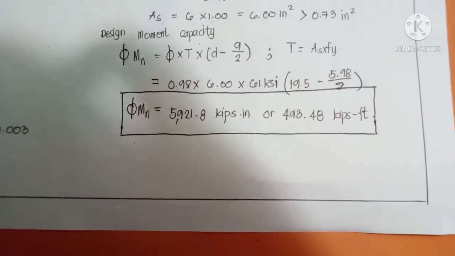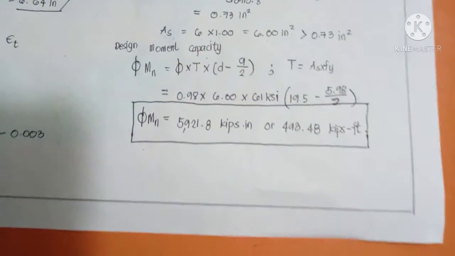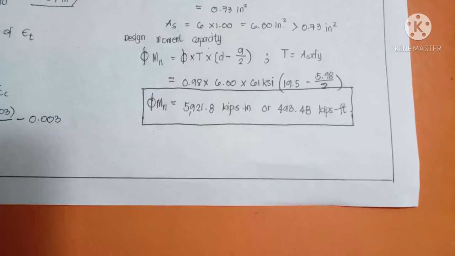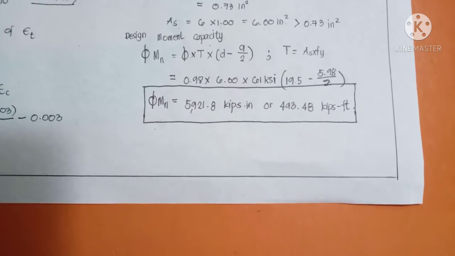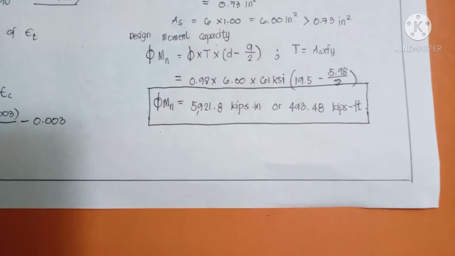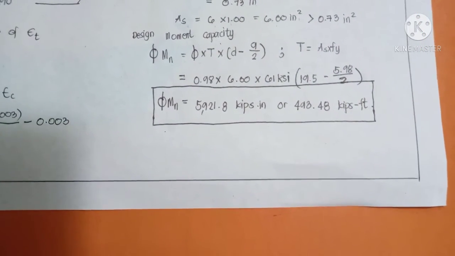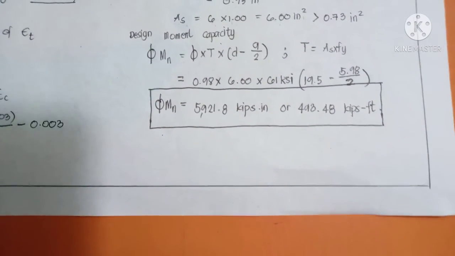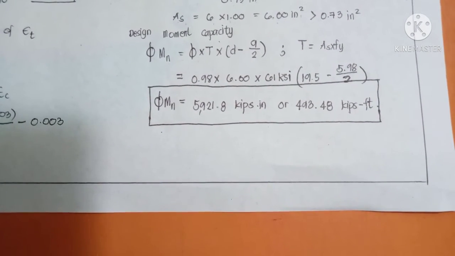Finally, let's calculate the nominal moment capacity of the section. To make it easier to solve, I prefer to calculate the moment about the center of the compressive force. The design moment capacity equals phi times T times the quantity of d minus a divided by 2.